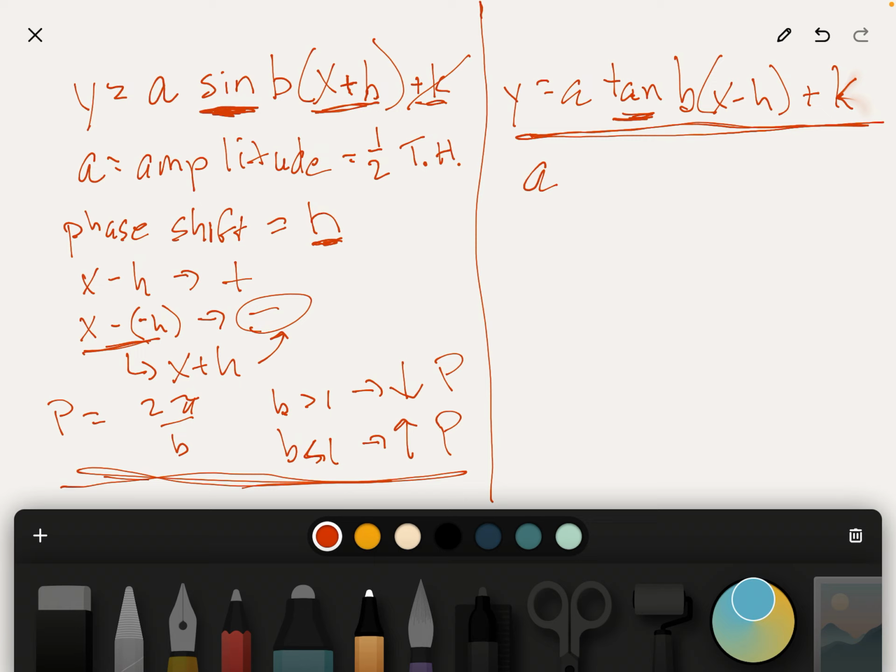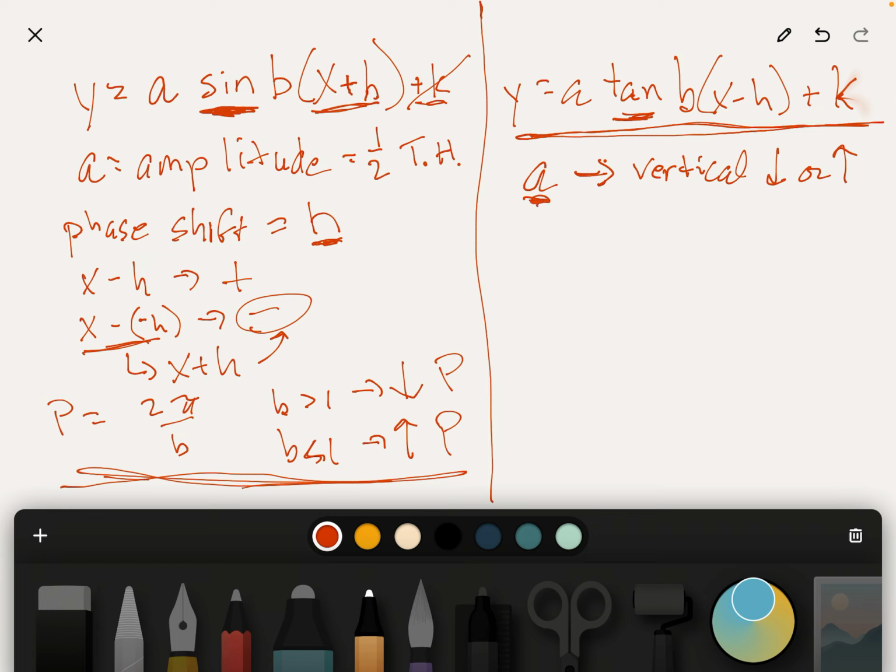But you can talk about the fact that the value of A determines whether there's vertical shrinkage or stretching.